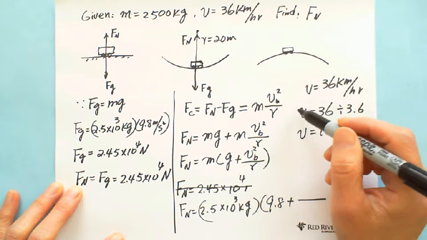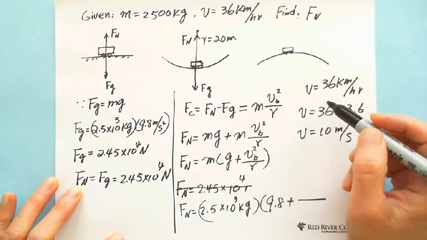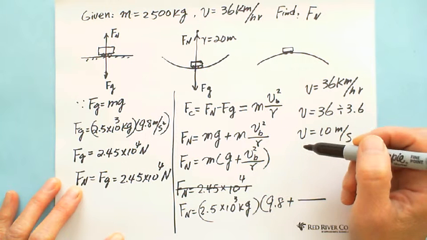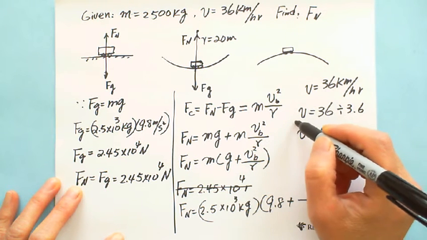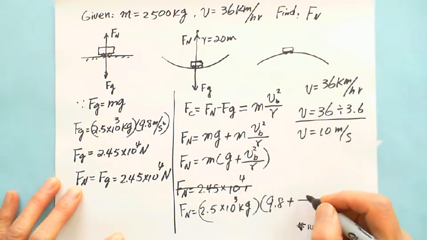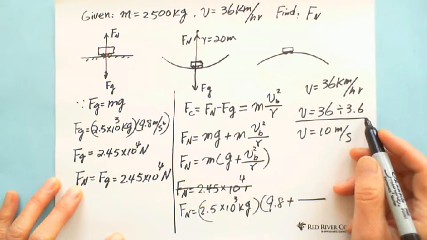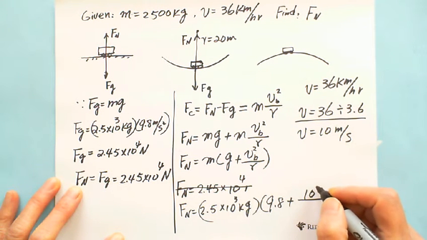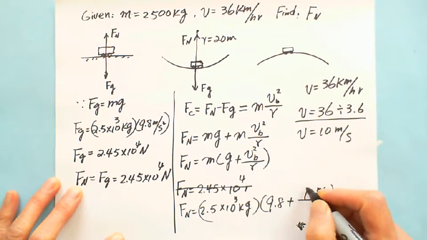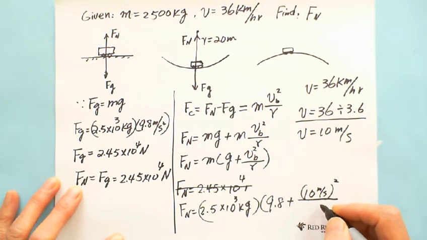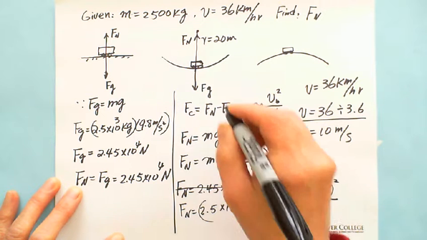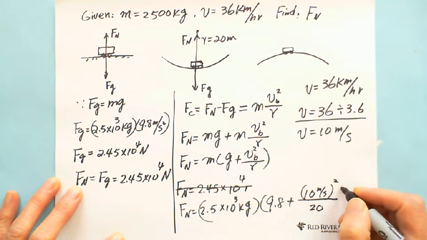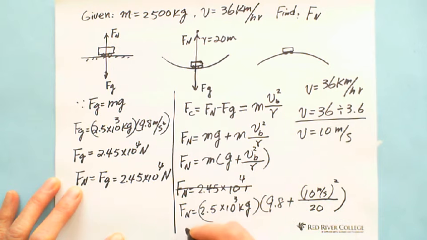We already have a video on practice question 1 showing how to convert, so you can look at that one. Here I just divide by 3.6. So 10 meters per second squared divided by the radius, which is 20 meters. Then we get the normal force, where the answer is 3.7 times 10 to the 4 Newtons.